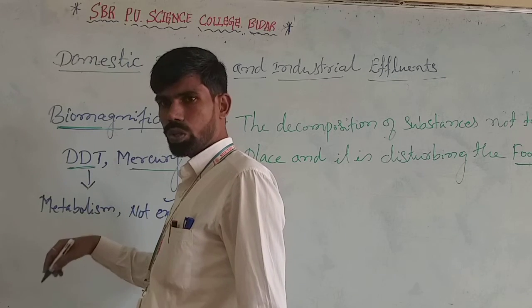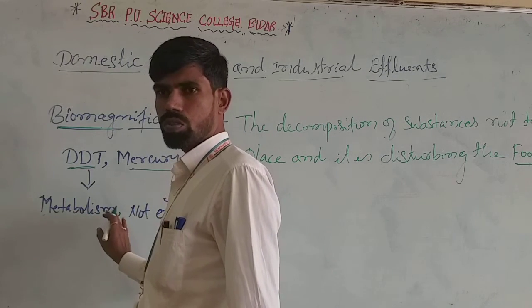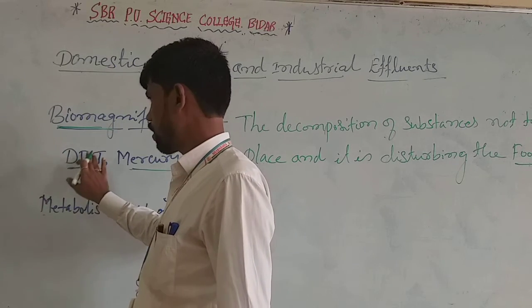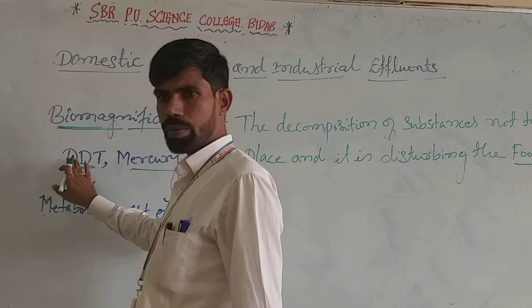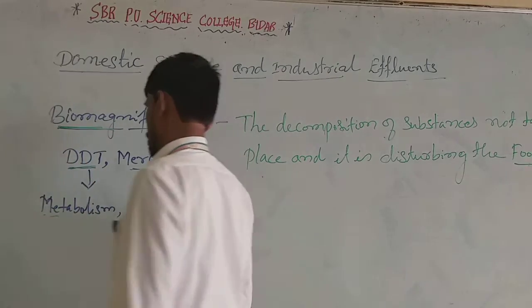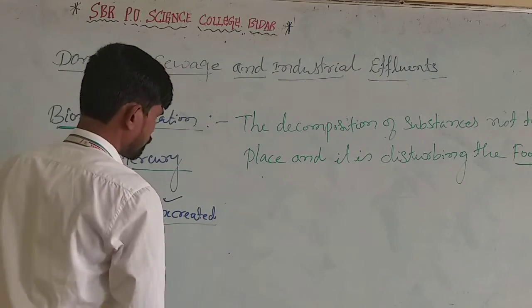When they enter the organism there is no metabolic activity, they remain, and they will not be excreted. These are the chemicals DDT and mercury.